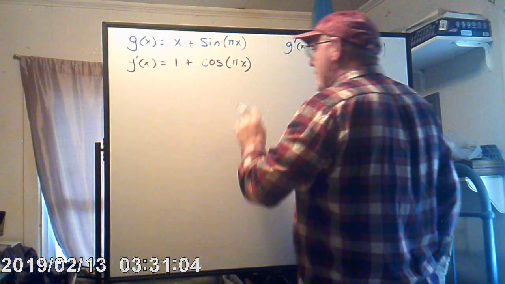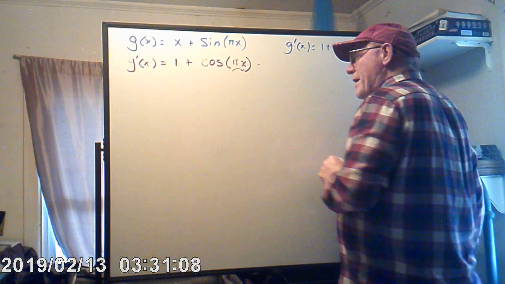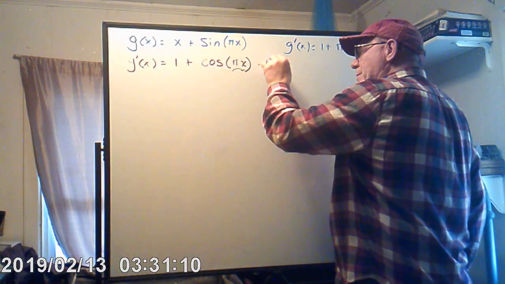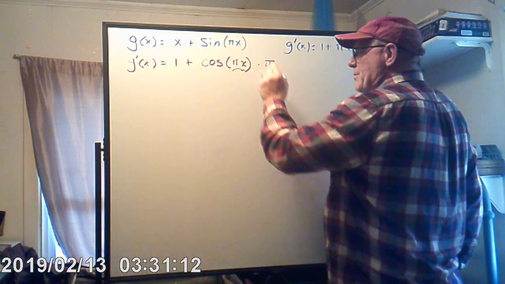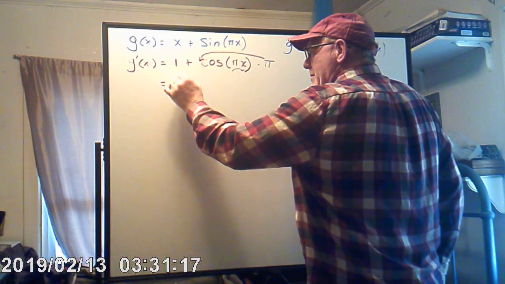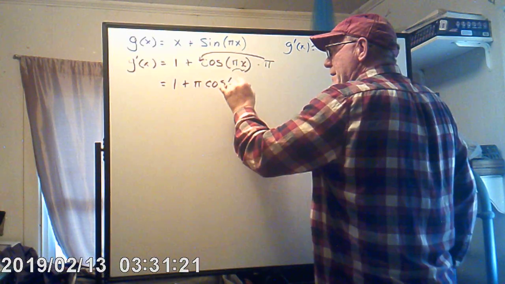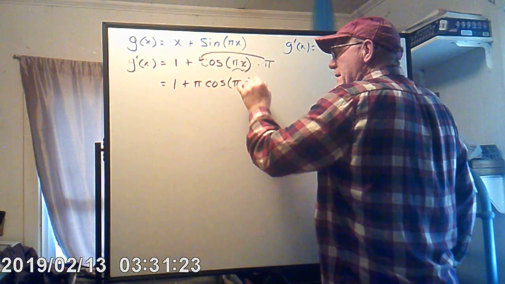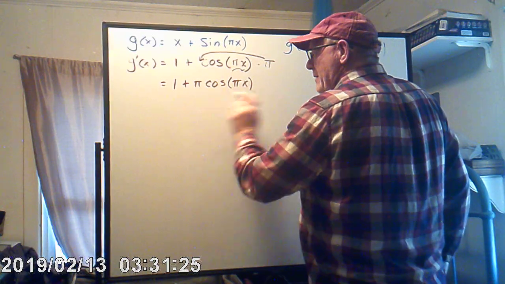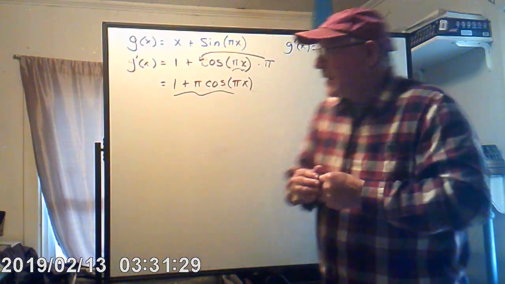And then, by the chain rule, you take the derivative of pi x, which is just pi. Now I can put this in front. That's equal to 1 plus pi cosine of pi x. This is the slope of that tangent line.